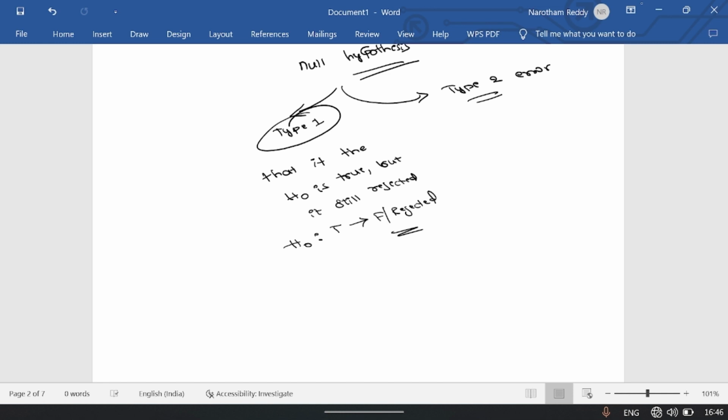Coming to type 2 error, here H naught is false, but it is accepted.